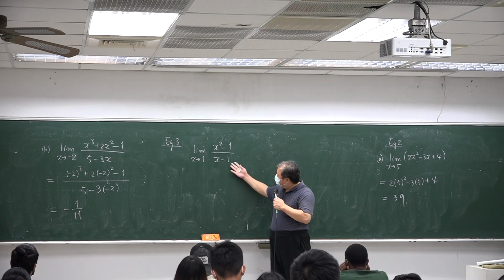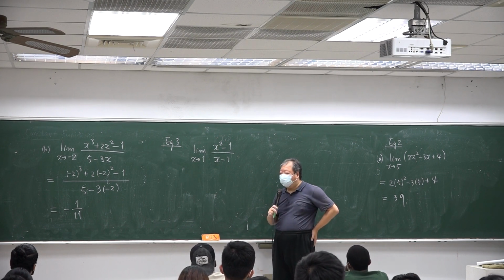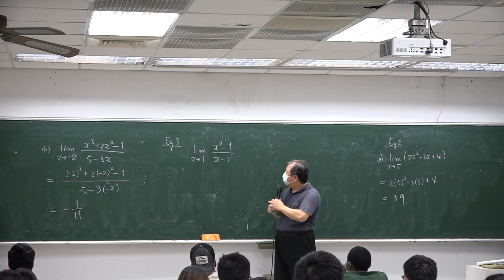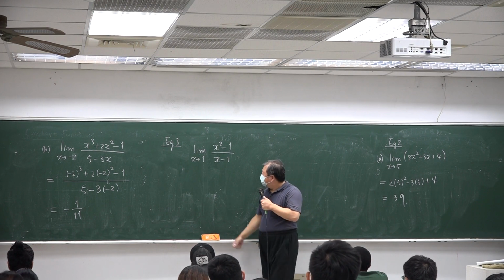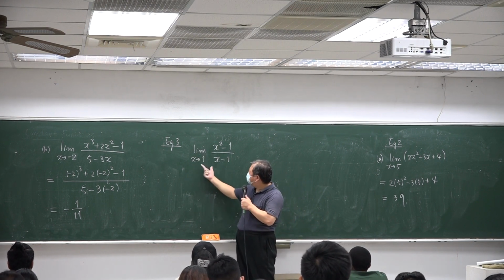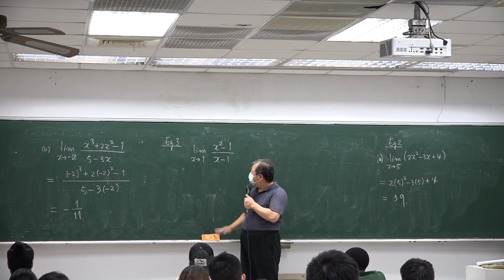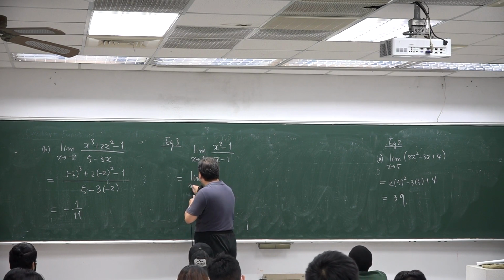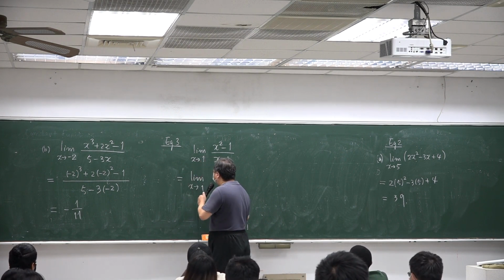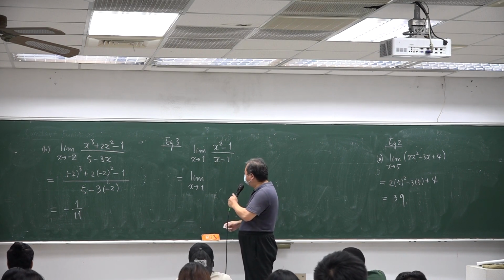So this function does not satisfy the hypothesis or condition of the limit law when we consider the quotient of two functions. But when we deal with limit, we never consider x equal to 1. So x is not 1. We consider x nearby 1, in some neighborhood of 1, except the number 1.